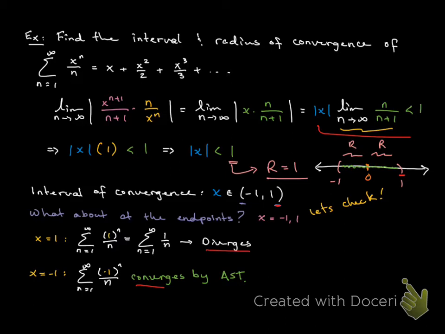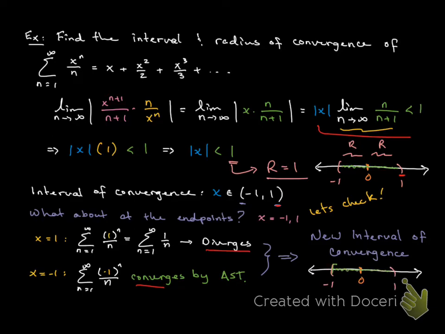So the interval of convergence for the original power series we were working with is now this. It's what I think about as a new interval of convergence. It's then from minus 1 to 1, but I'm able to include minus 1, and I can't include 1.